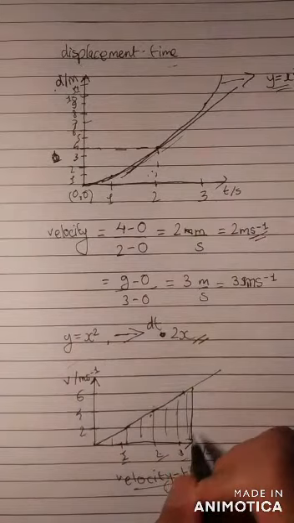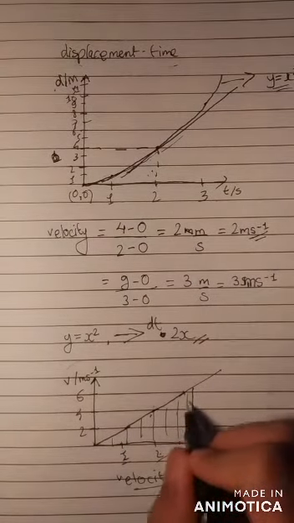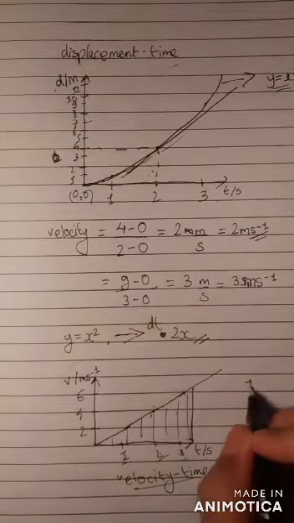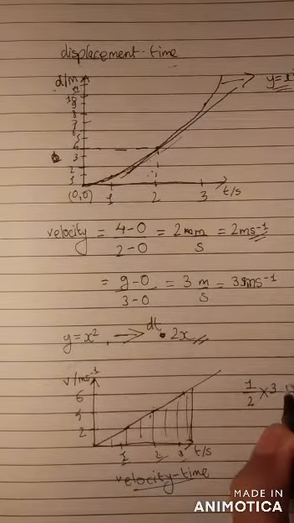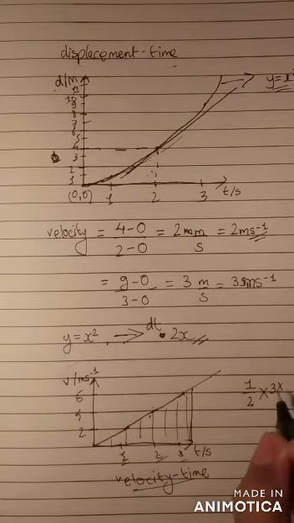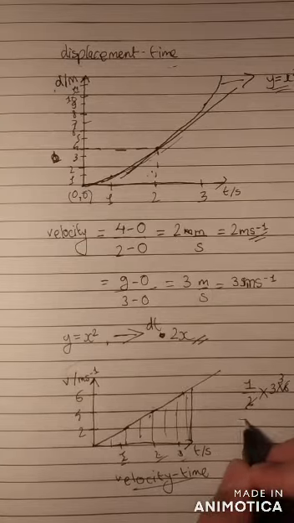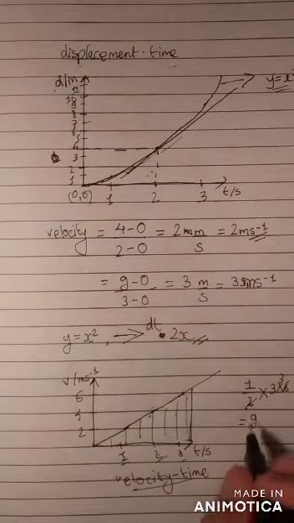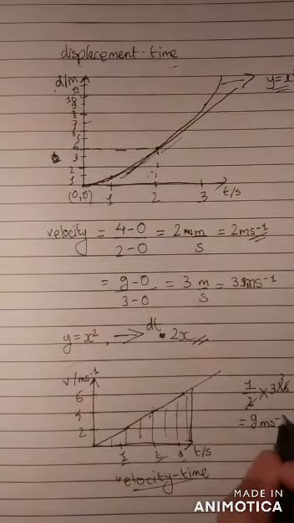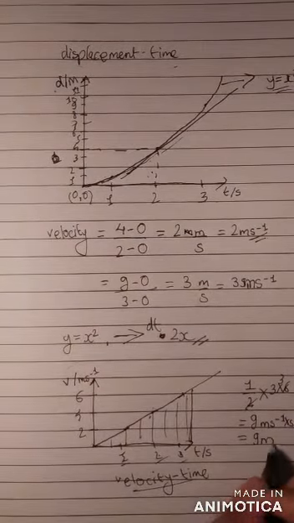In this case it's just a triangle, so the area of this triangle is half, base is 3, into the height is 6, equals 9, and the unit is meter per second times second, equals 9 meter.